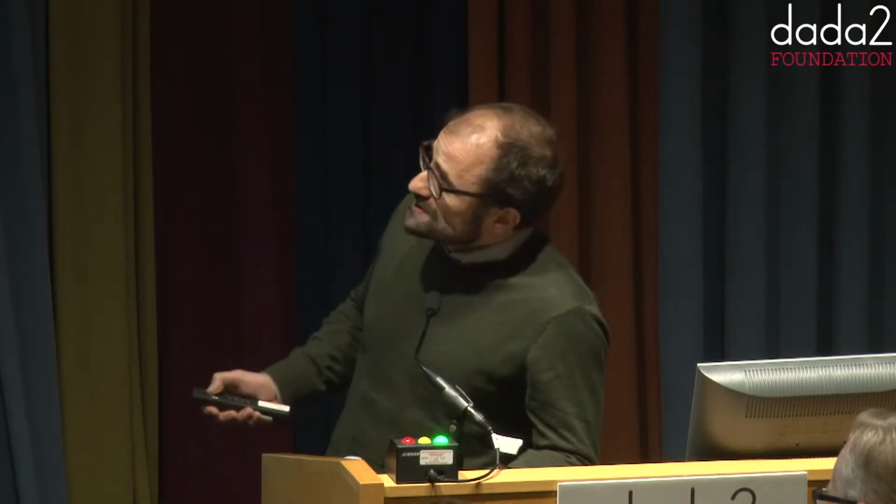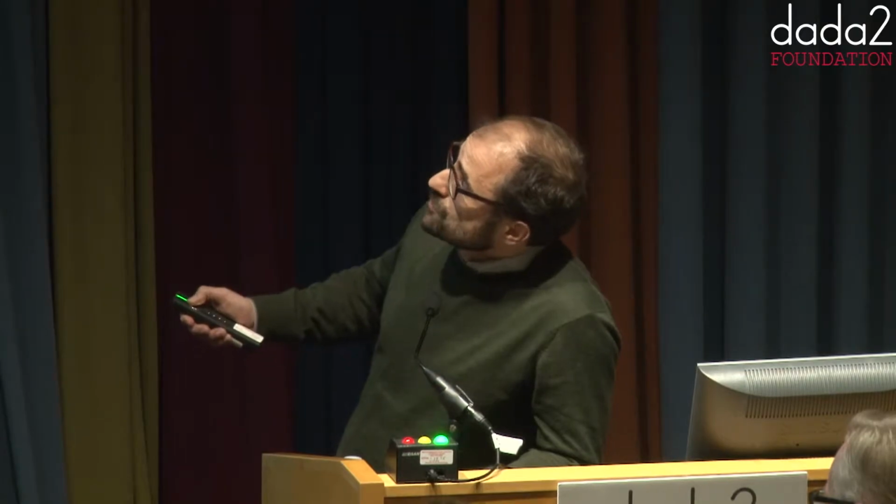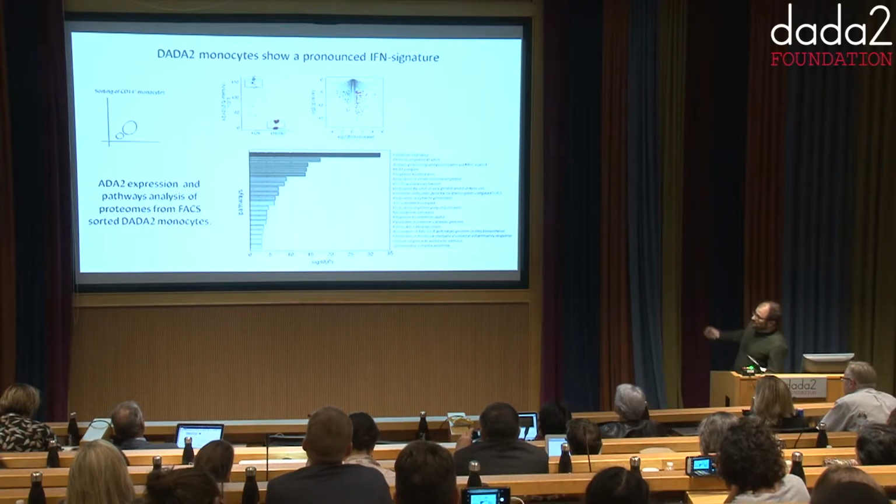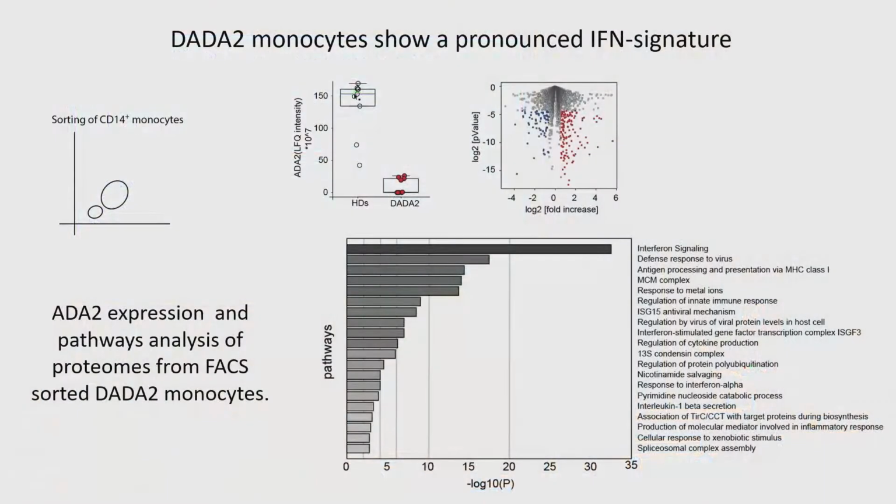That's the reason why, to understand the physiopathological mechanism of lack of ADA2 in these cells, we sorted cells from ADA2 deficient patients and from healthy controls. We then performed a full spectrum proteomic analysis of CD14, forward side scatter selected monocytes.